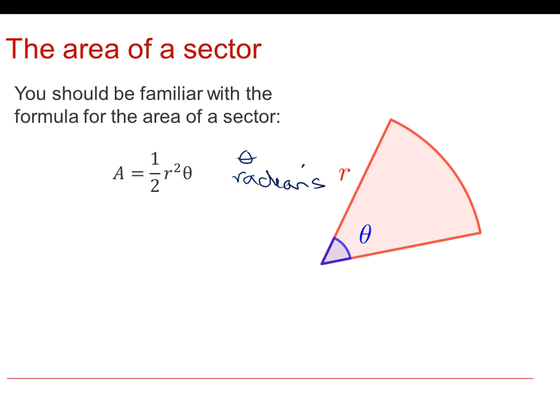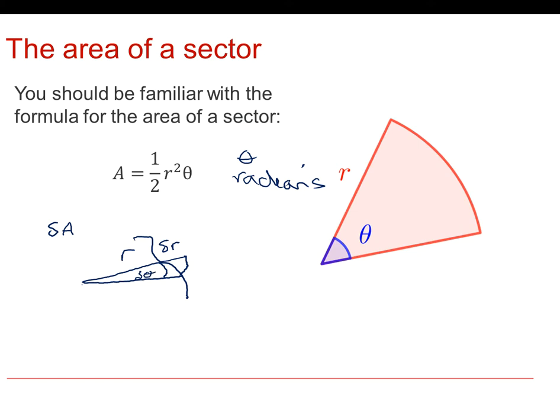Then consider delta A, where we have a curve and we want to measure little bits of area of it. We can do this by looking at small sector areas, where this is delta theta, and we have r and delta r.